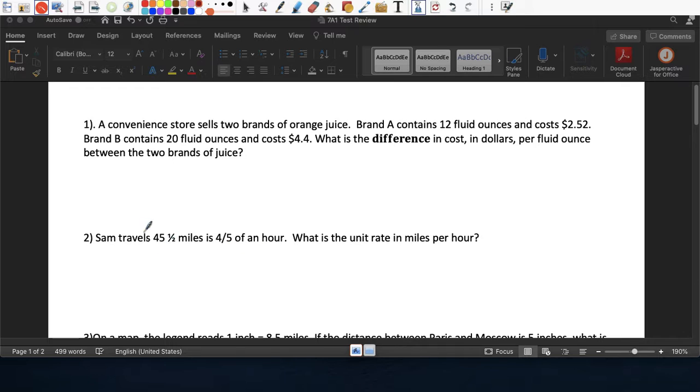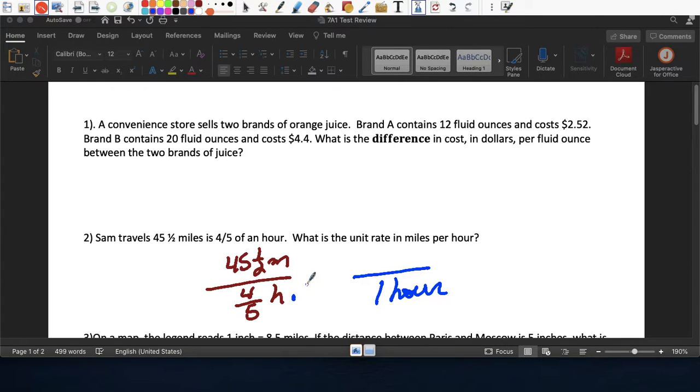Sam travels 45.5 miles in 4/5 of an hour. How much can he travel in 1 hour? So again, we have to find the unit rate. In 1 hour, how far can he travel? So we multiply by the reciprocal, which is 5/4.